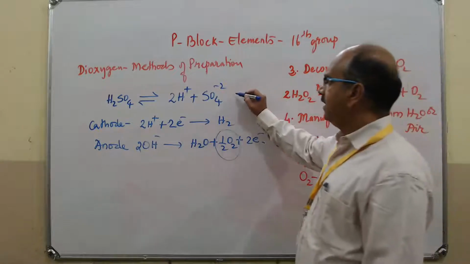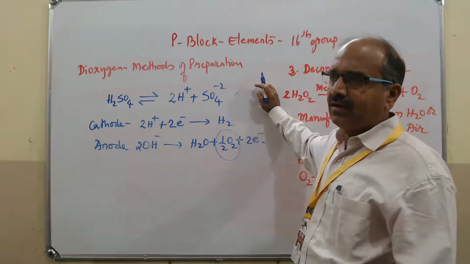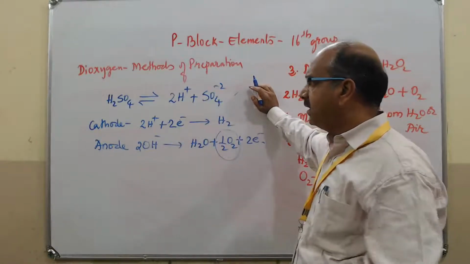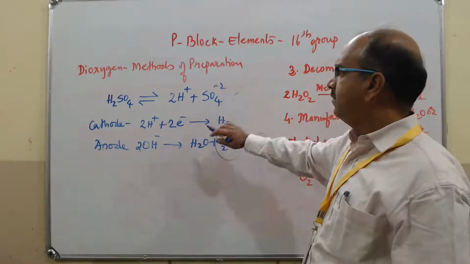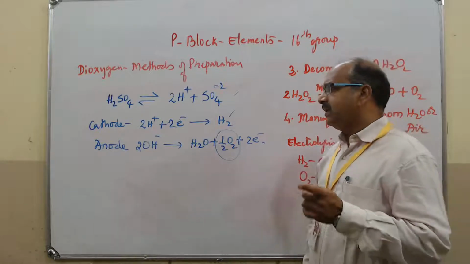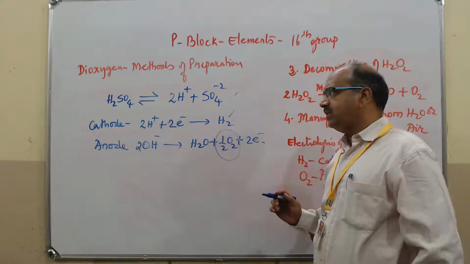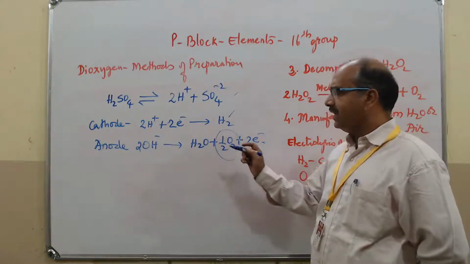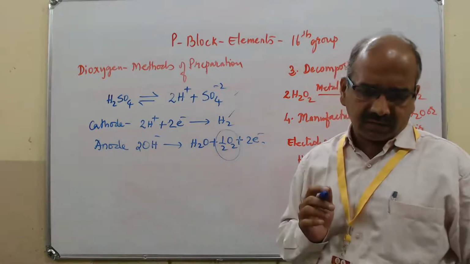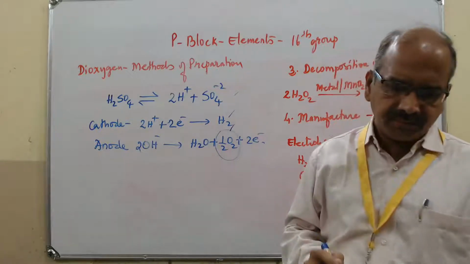So a little drop of sulfuric acid is added to a large quantity of water and electrolysis is carried out. H plus ions get converted to hydrogen gas and are liberated at the cathode. At the anode, OH ions are released and converted to water, oxygen, and 2 electrons. What is important, our need here is oxygen.